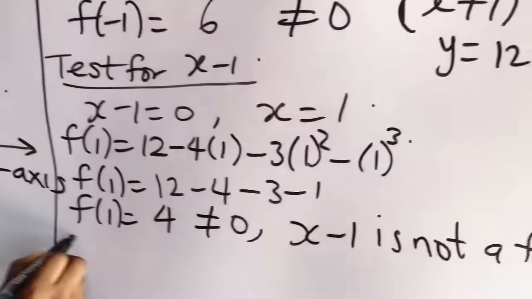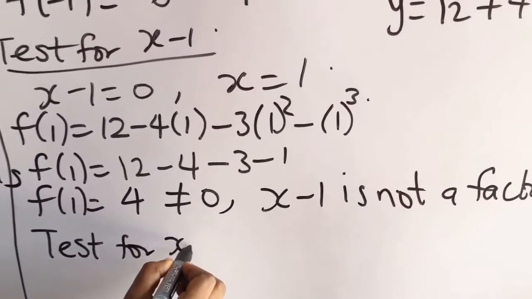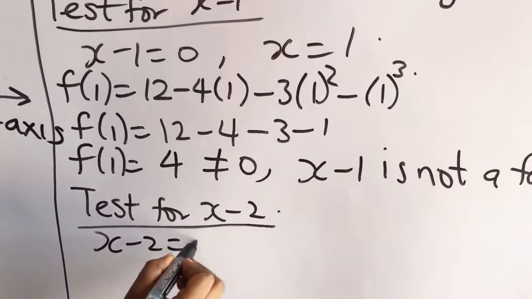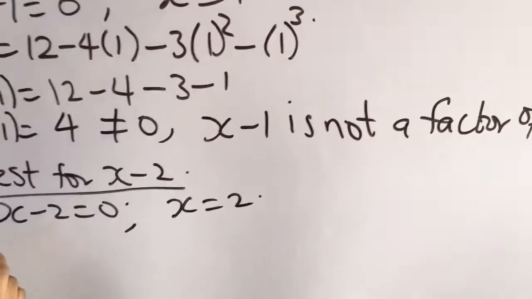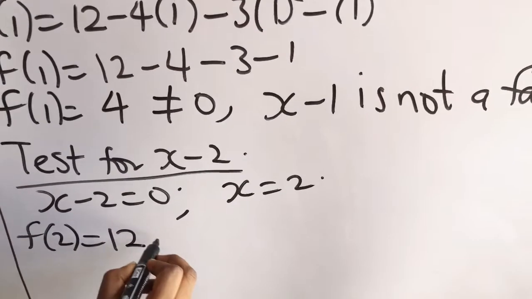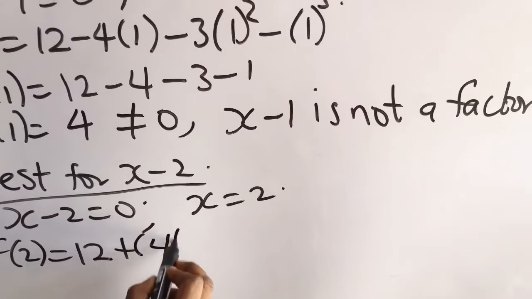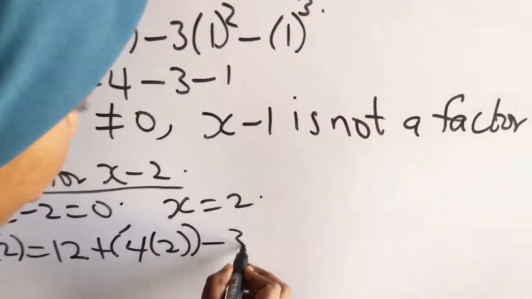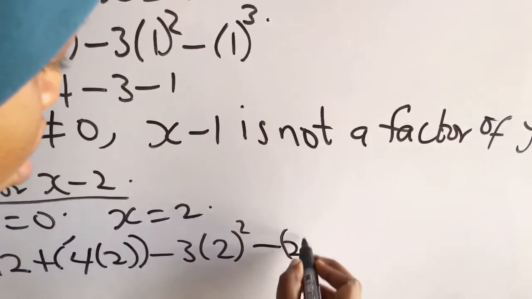So test for x minus 2. So x minus 2 is equal to 0, so x is equal to 2. So f of 2 will be equal to 12 plus 4 multiplied by 2, then minus 3 multiplied by 2 squared, minus 2 cubed.